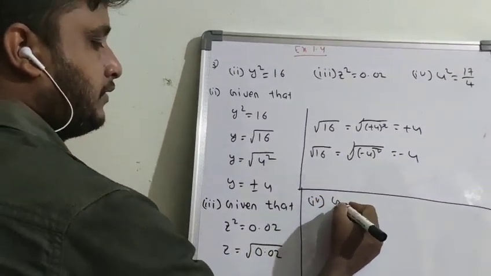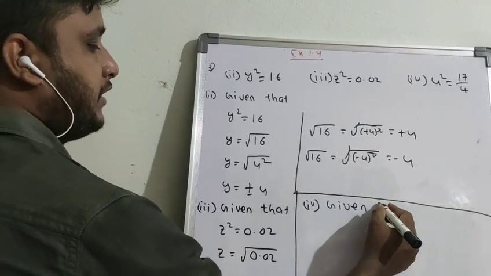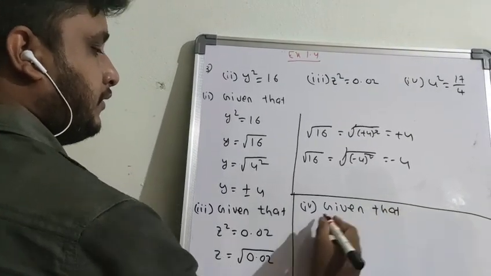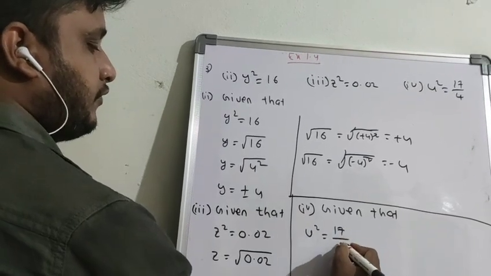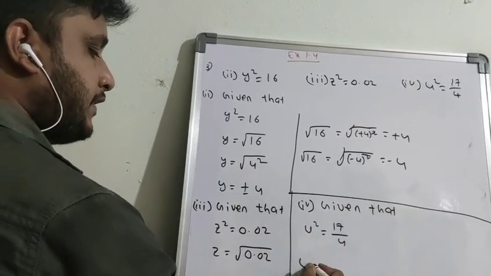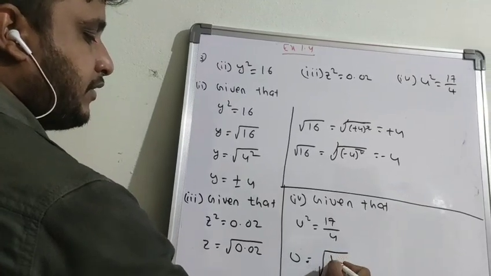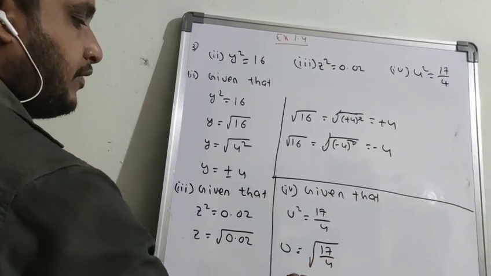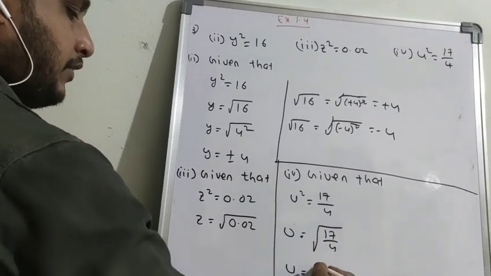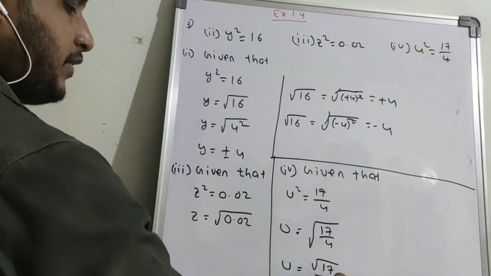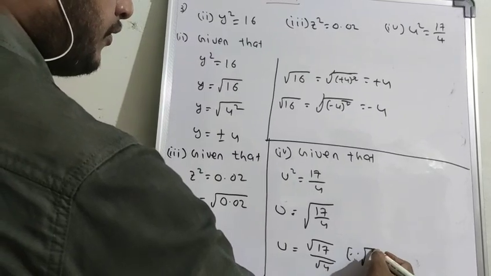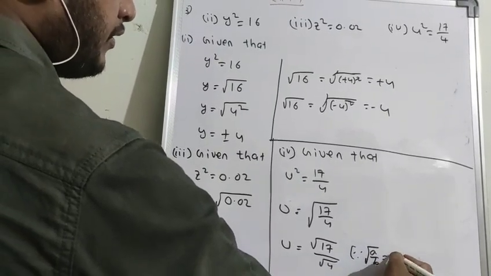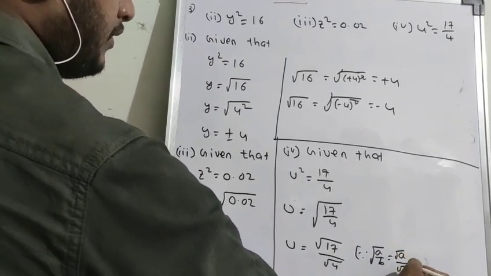Fourth question, given that u square is equal to 17 by 4. And the square root will become square root of 17 by 4. And we have to find root 17 by root 4 by using one formula, root a by b equal to root a by root b.